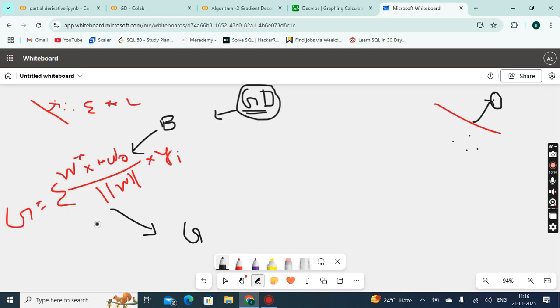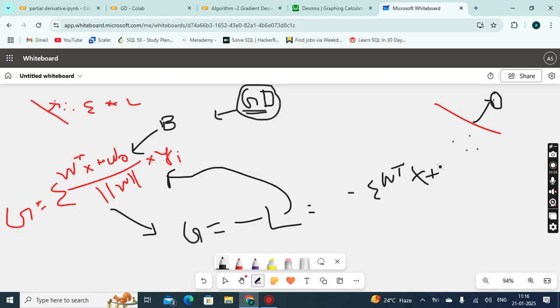So the gain function G is equal to minus of L. And what is L? L is nothing but this formula: minus of sum of W transpose X plus W naught, divided by norm of W, into yi.